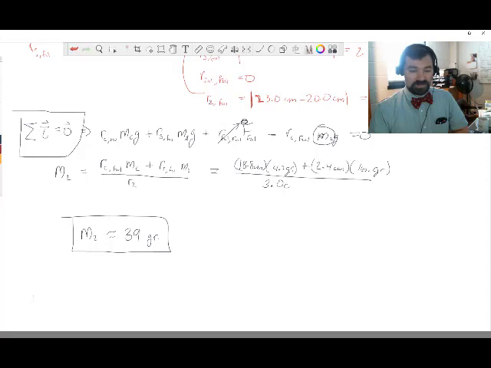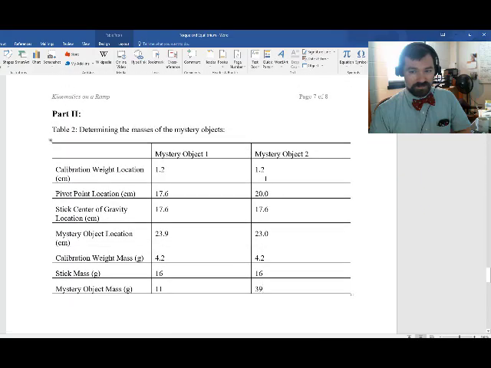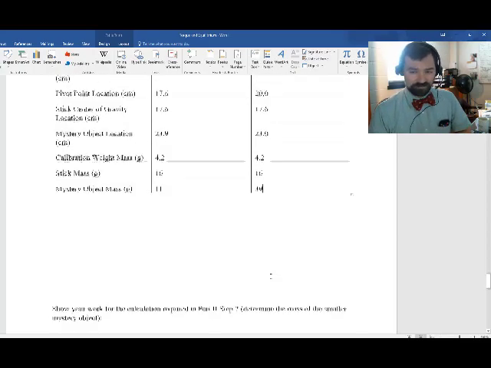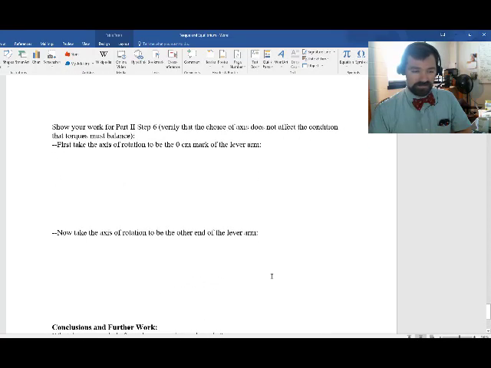So again, you pick what happens if you've picked each of the two ends of the stick, and determine the total torque about each end of the stick, and you should find that it's still 0. And again, you're using the known values for the masses of everything and the force from the fulcrum. And so it's a repeat of the previous calculation that I did of that sort when we were just finding the mass of the stick.